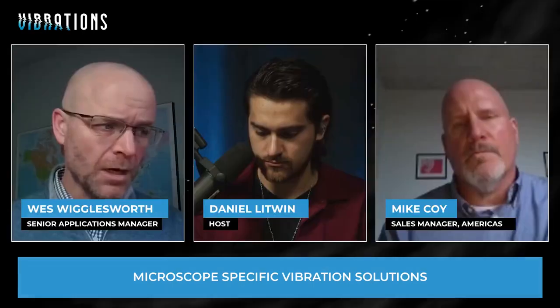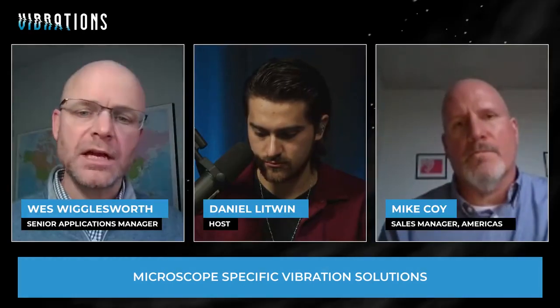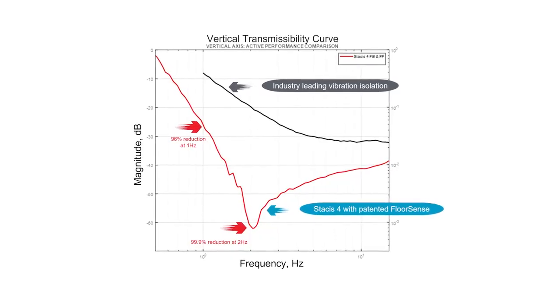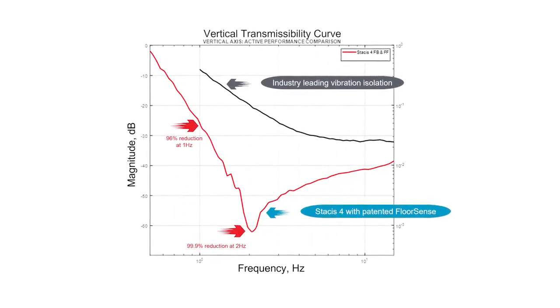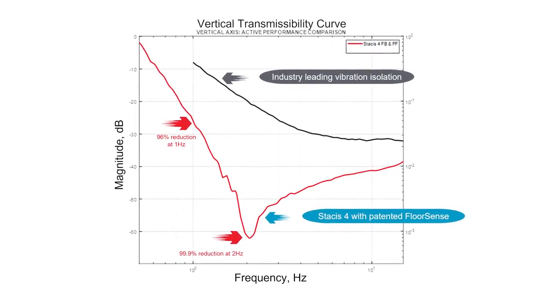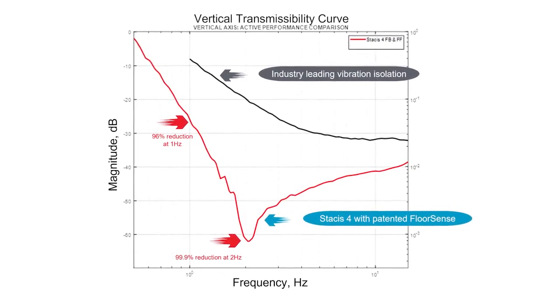And what's also important is measuring down to very low frequencies, because the microscopes, I think we mentioned earlier, are very, very sensitive, in particular to low frequency, low amplitude building vibration. And that can be difficult to measure if you don't understand what you're measuring and why you're measuring it.